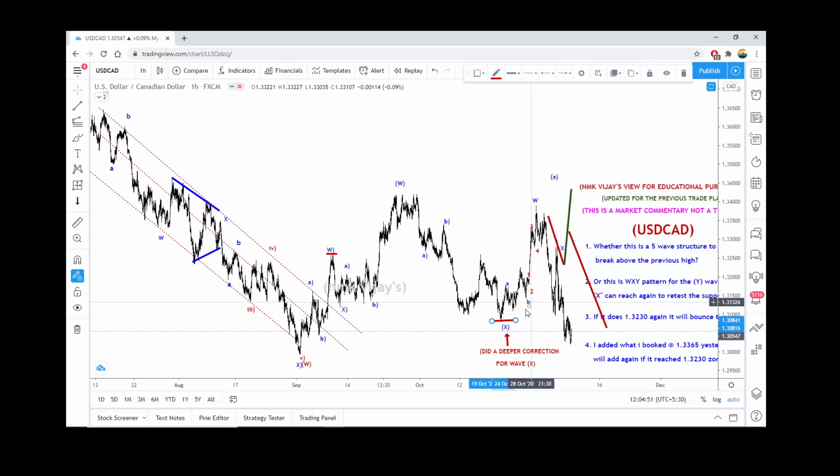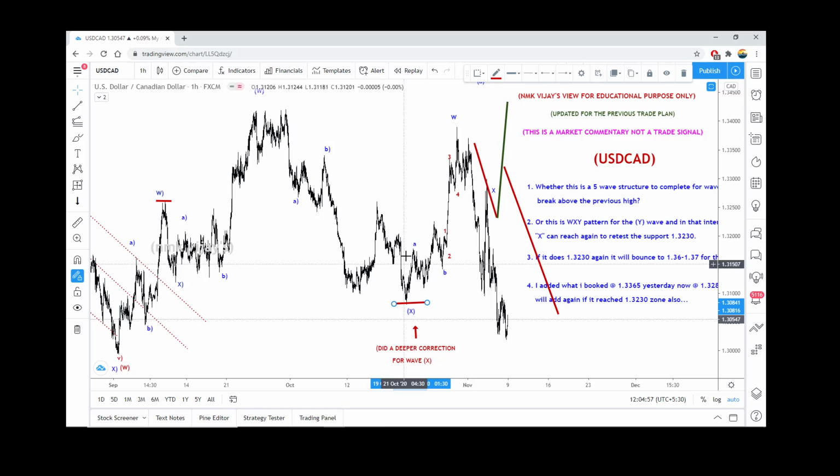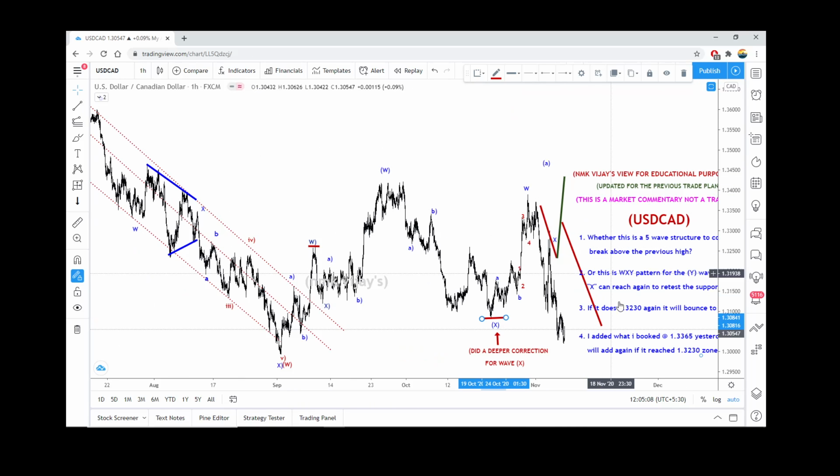So what I said previously, my bias is only the upper side, because I took this as an impulsive wave, and this is A, B, C, and 1, 2, 3, 4, 5. It's completed here and it didn't break this high yet. So this is the market.